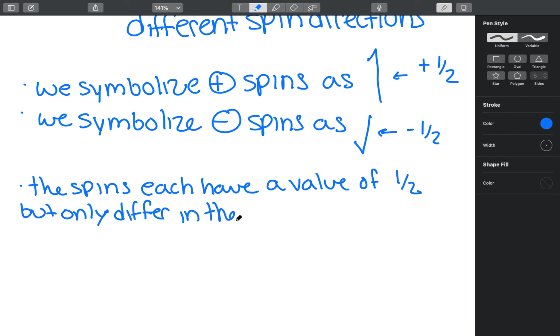Each of these spins has the same value associated with it, but they only differ in their direction of orientation.